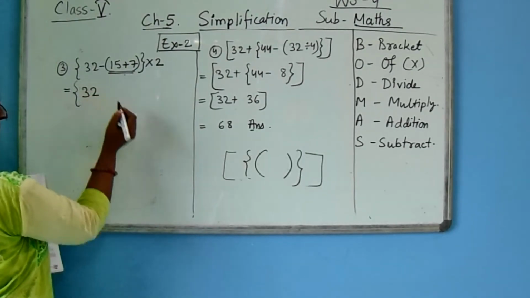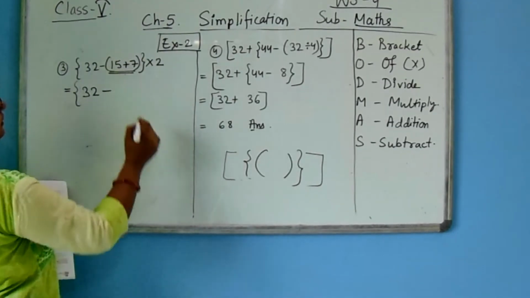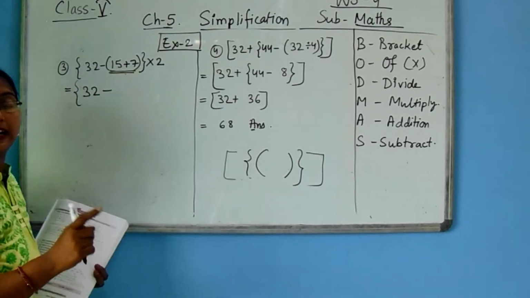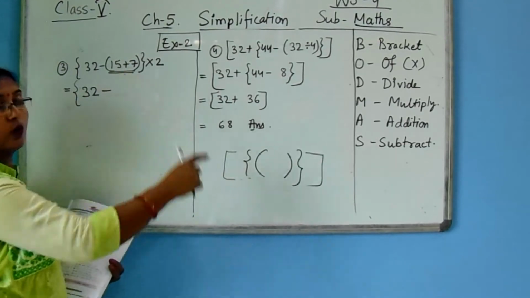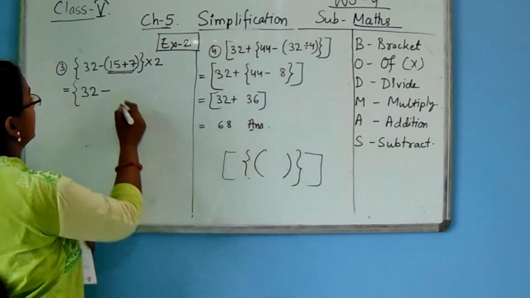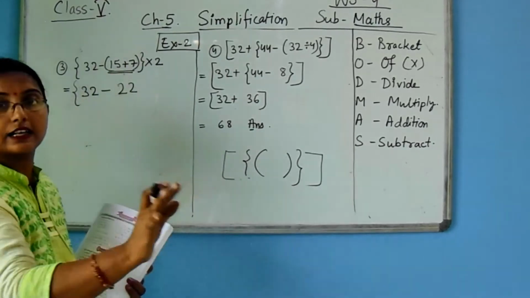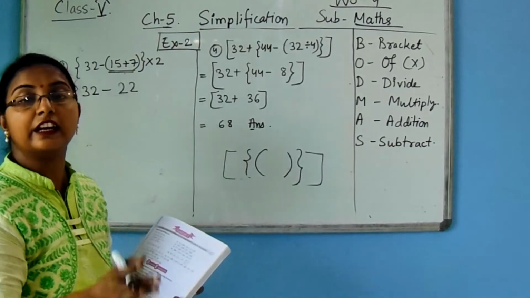Writing 32 the same way, in the small bracket there is 15 plus 7. That means we do the addition process. It will give 22. The small bracket has been done.